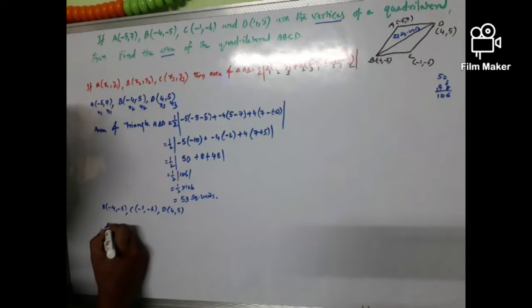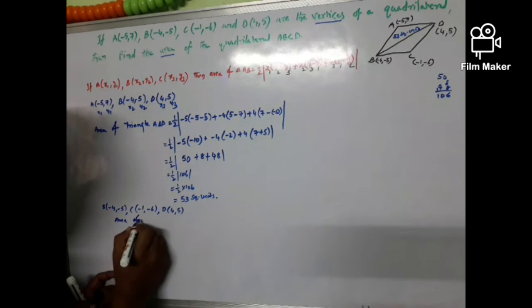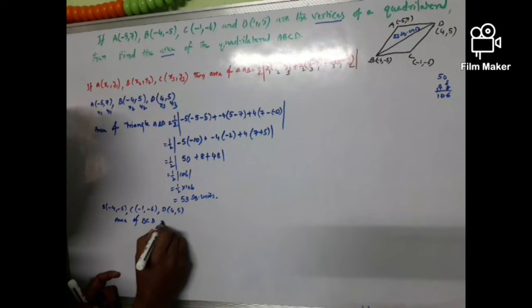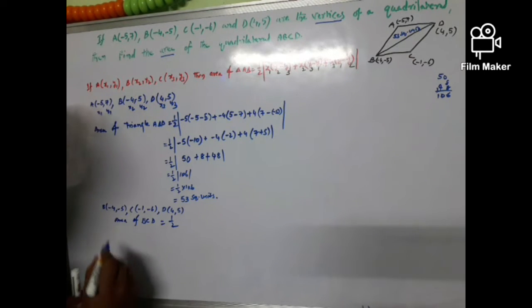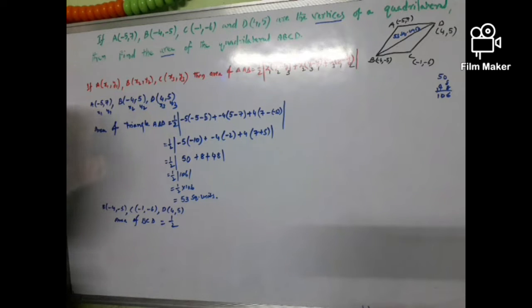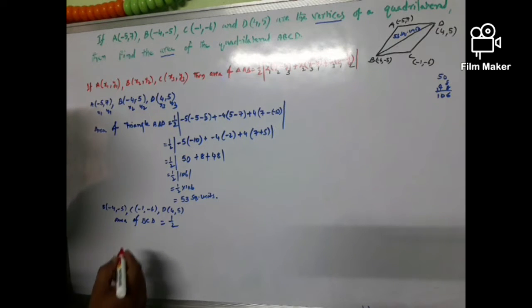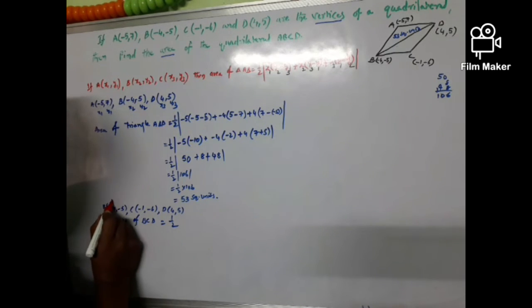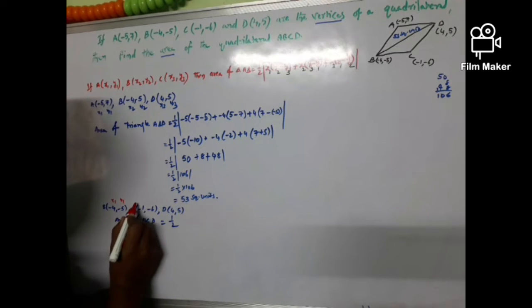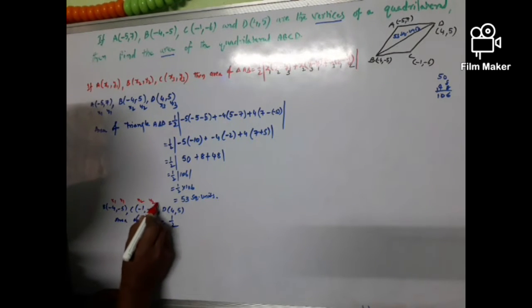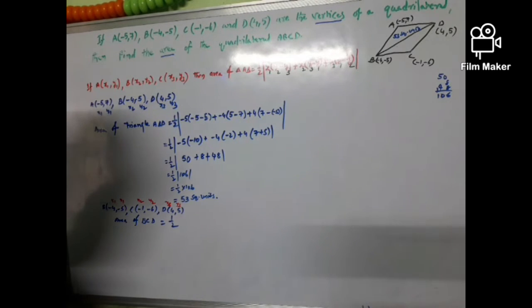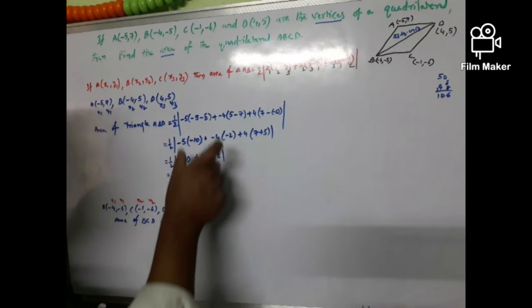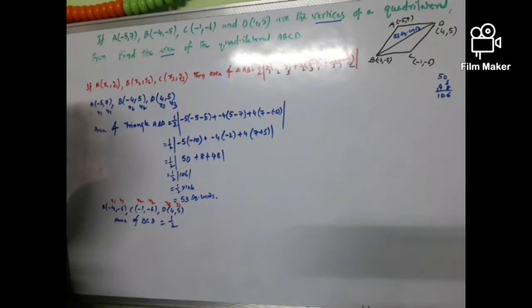Now the area of BCD is equal to half mod. Right here, x1 y1, x2 y2, x3 y3. These values are substituted in this formula.